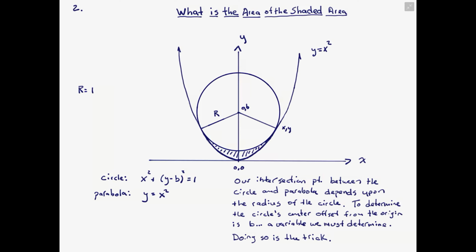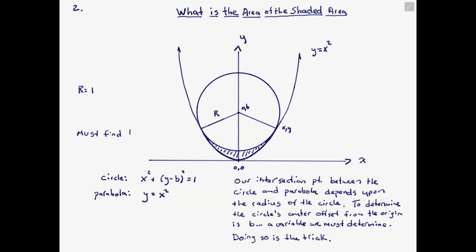Now in this slide, the first thing that we see that we're going to have to do is find the center of the circle, the origin of the circle. Now we set up our coordinate system so that the origin of the problem is at 0, 0, or the base of the parabola.